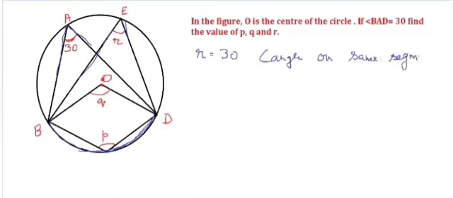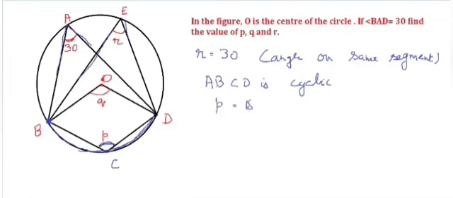Now we come to the next part. The next part is we need to find out angle P. We can see that, let us take this as C. ABCD is a cyclic quadrilateral. If this is a cyclic quadrilateral, then the sum of opposite angles will be 180.